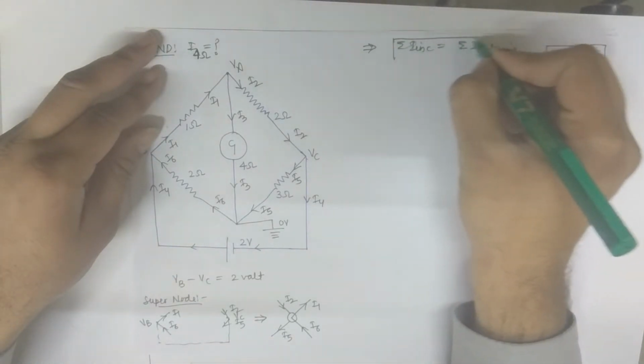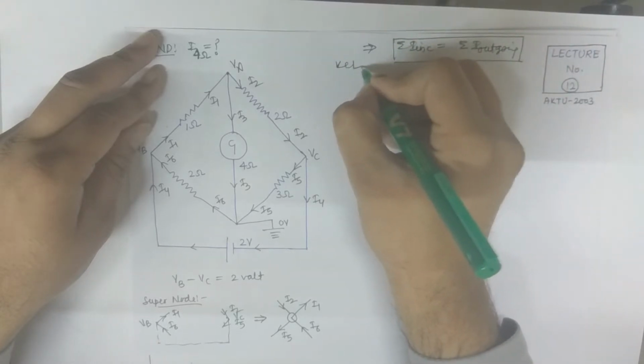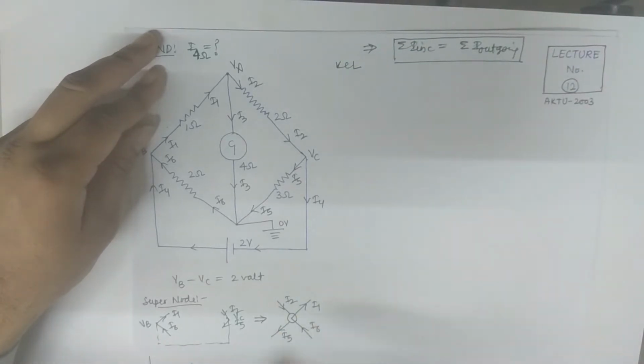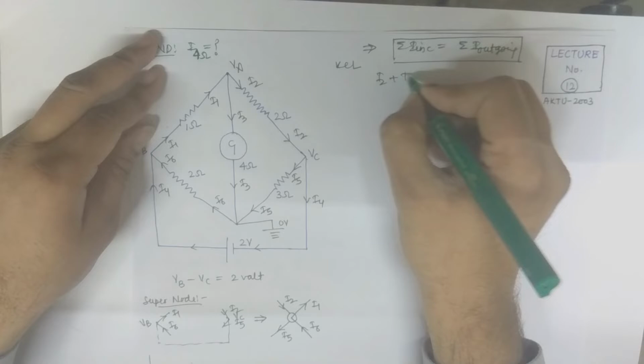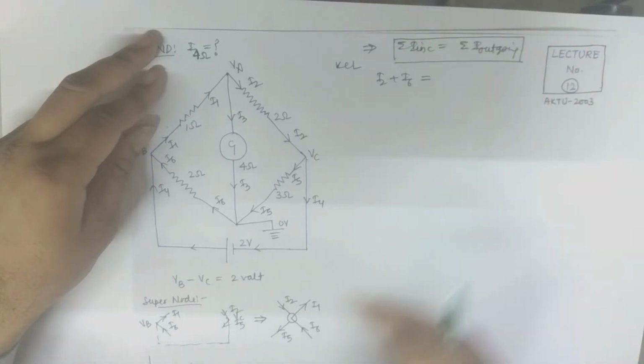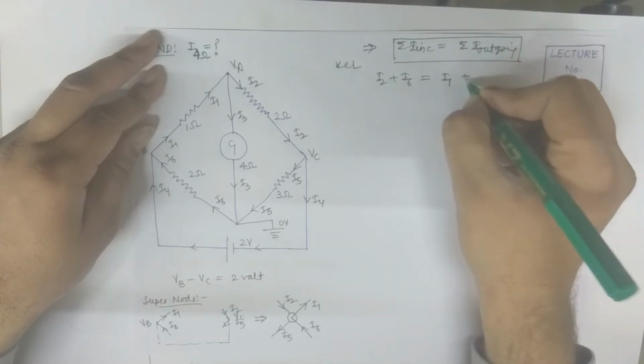Now apply KCL here. All incoming current means I2 and I6 is equal to outgoing I1 and I5.